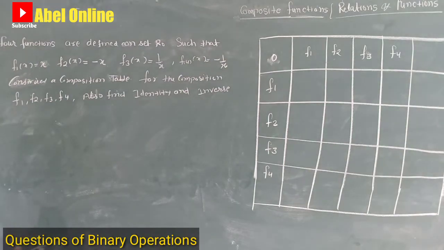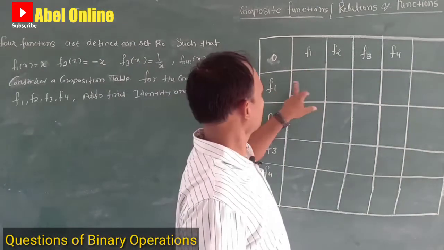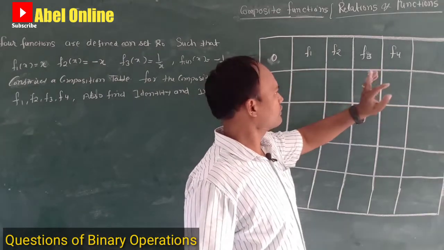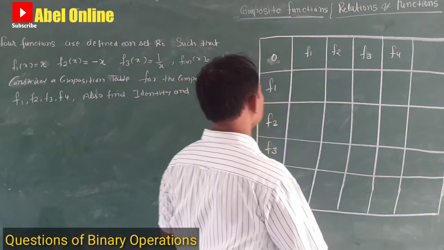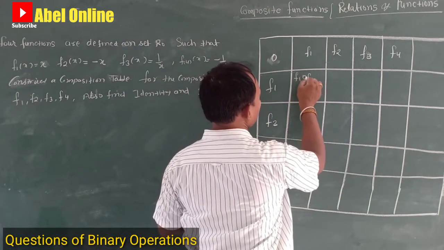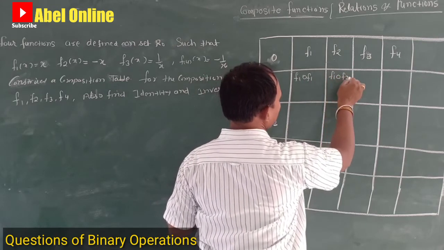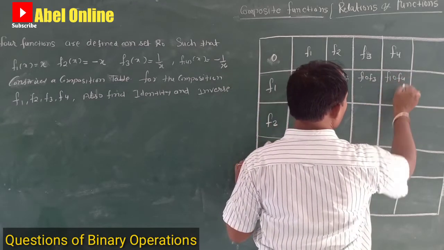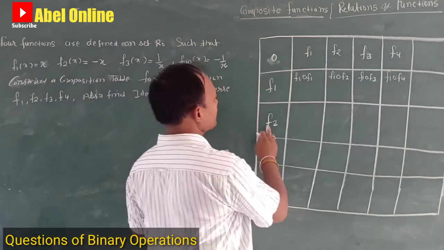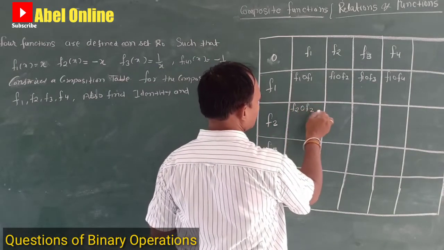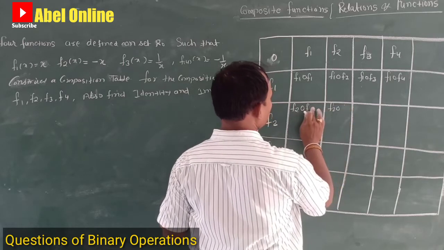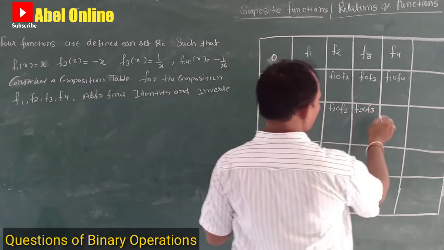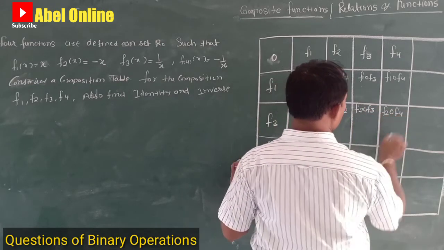Now we have to find this: f1 o f1, f1 o f2, f1 o f3, f1 o f4. Okay students, now f2 o f1, f2 o f2, f2 o f3, f2 o f4.